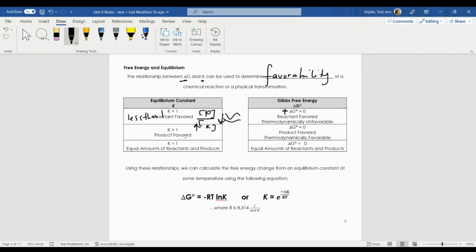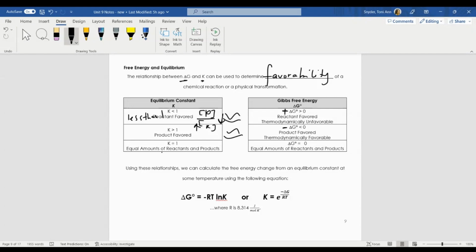If I have a product-favored reaction, and if my delta G is negative, that also means that that reaction is product-favored, and that's because that is thermodynamically favorable, right? So again, if K is greater than 1, and if delta G is negative, these are also related to one another.